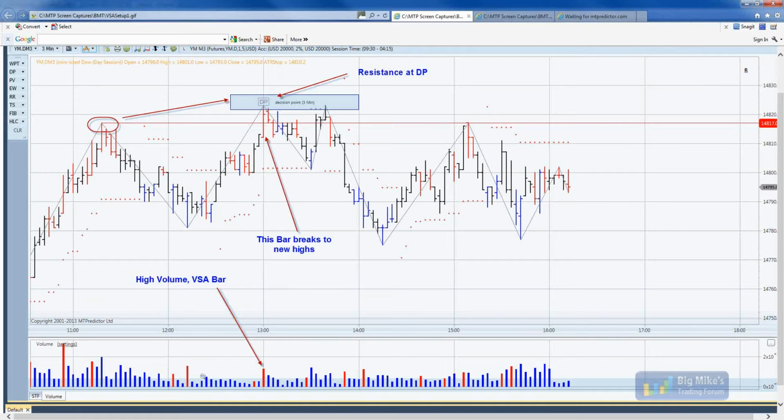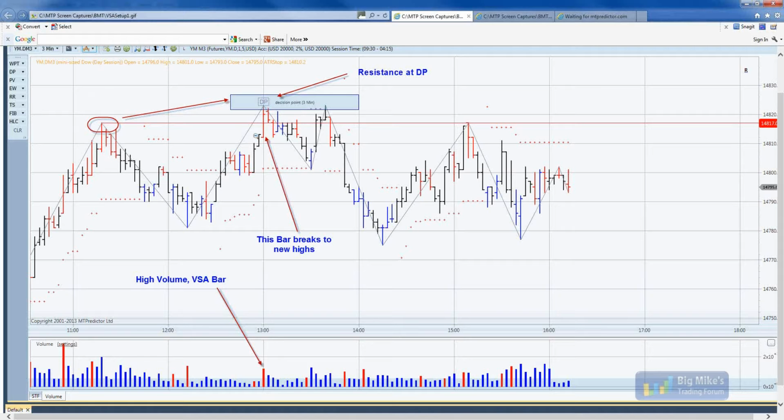Now in MTPredictor we have these volume bars colored, so it actually says, look, this particular bar is red, there's something going on with this bar. There's higher volume than normal. Now most amateur traders will look at this and say, right, if we break out above a previous high on increased volume, this is probably going to be buying.